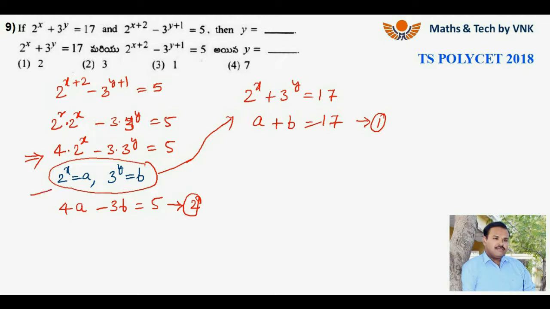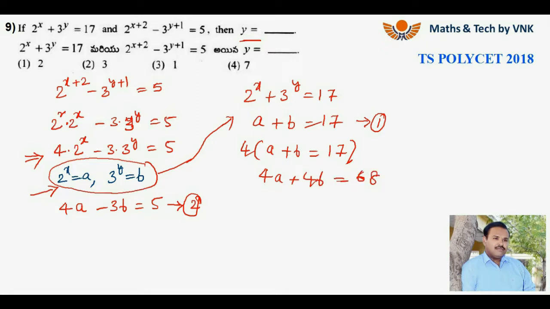So a is equal to 2 power x, b is equal to 3 power y. To find the value of y, we have to eliminate a. Now to eliminate the a term from equations number 1 and 2, multiply equation number 1 with 4, that is 4 into a plus b is equal to 17, which is nothing but 4a plus 4b is equal to 68.